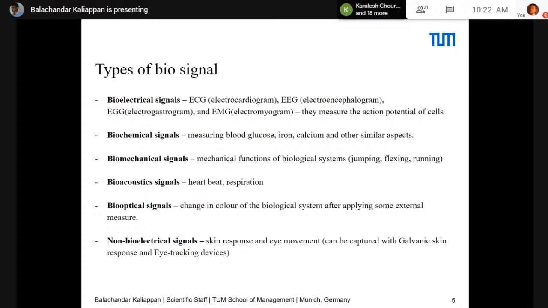For example, if you go to a hospital, you can see a monitor which measures your heart rate and your pulse, and that is captured with the electrocardiogram. Your brain also produces some sort of signals. Your brain has a lot of connected networks.